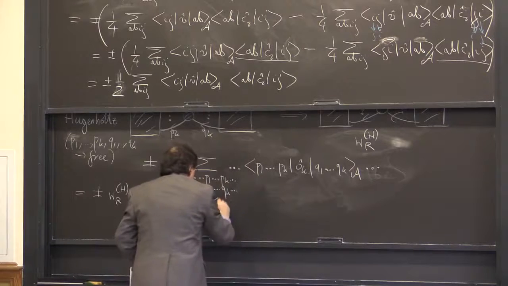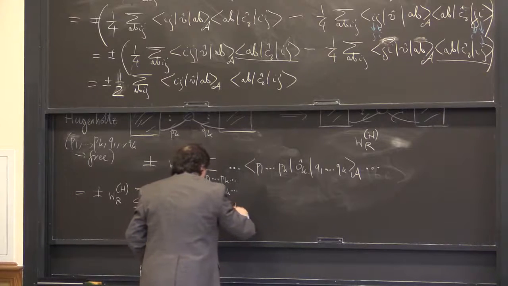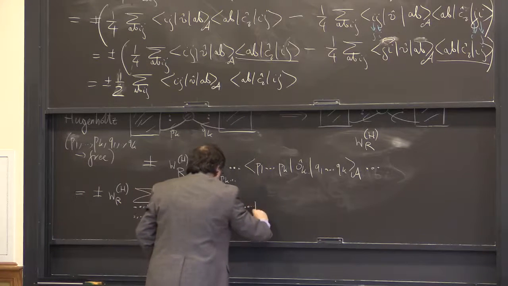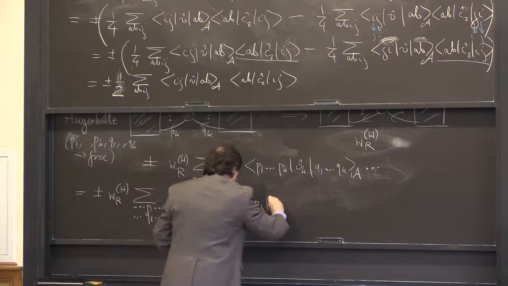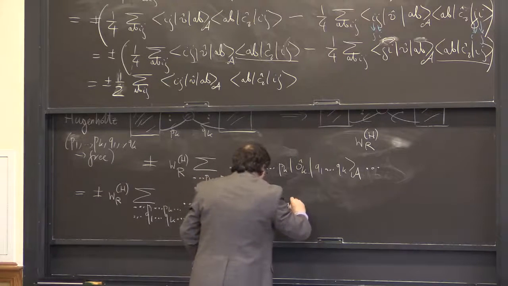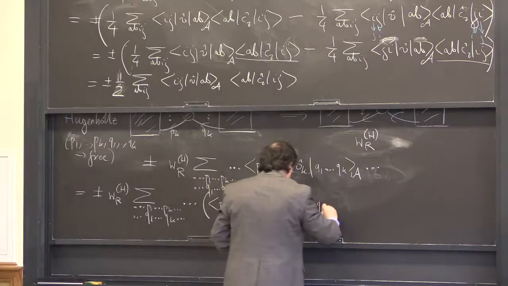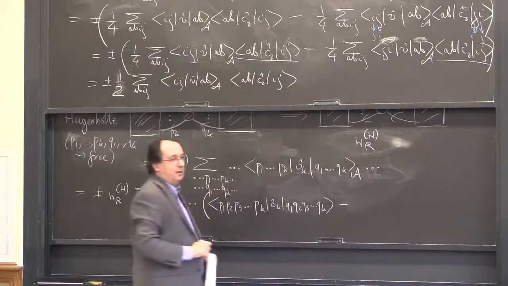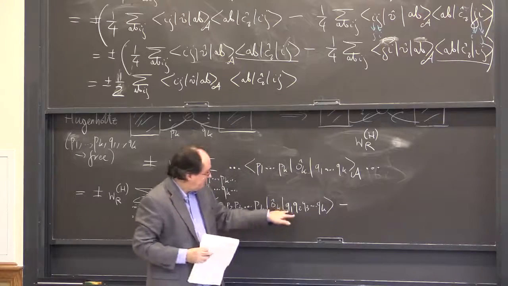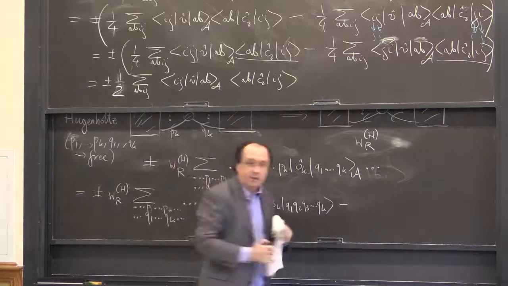So the first term is, say, P1, P2, I don't know, I write 3 of them, P3, PK, and then Q1, Q2, Q3, and then QK. The next term will be, well, fermions Q1 and Q2, it will come with a minus.